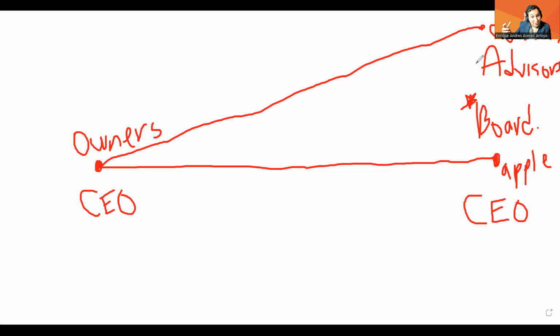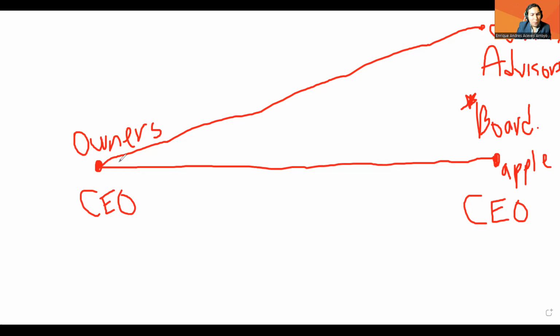But really the owners are not that well reflected on whether they are making the final decisions. And we're speaking of a public company such as Apple compared to the structure of a very small company.